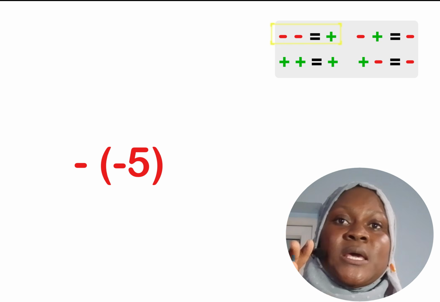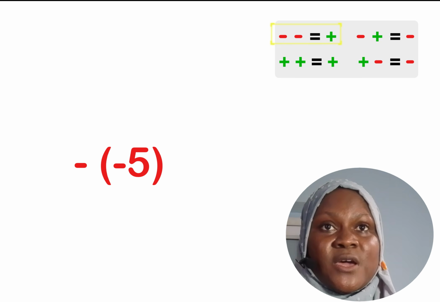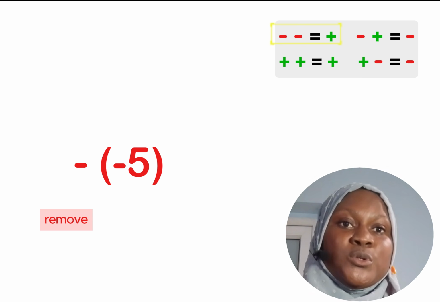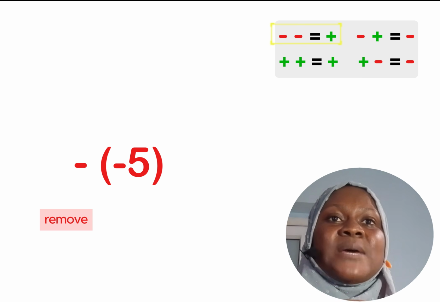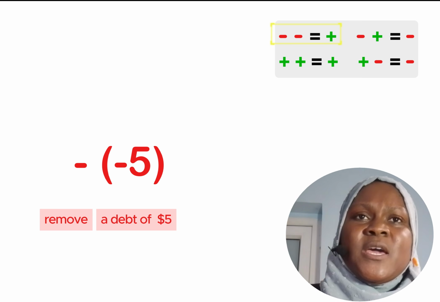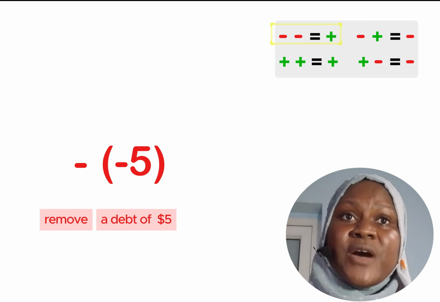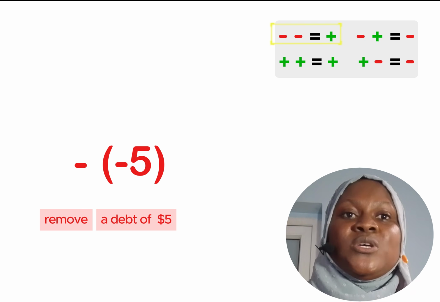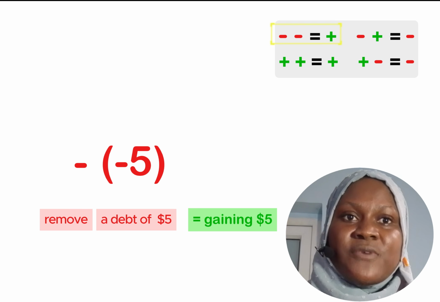Moving on, for example, we have minus minus 5. The first minus is telling you to remove whatever follows. And what follows is a debt of 5. That means remove a debt of 5. If someone removes a debt of 5 for you, that person makes you richer. You gain a plus 5.